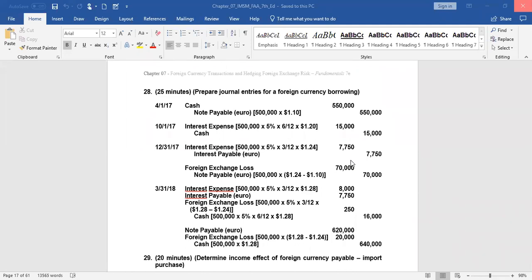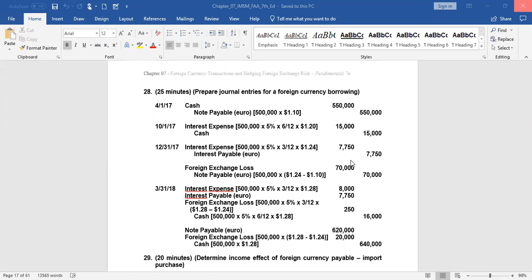Also, any kind of gain or loss on this loan due to foreign currency difference must be recorded on December 31st. So what does this mean? Well, when we borrowed the money back on April 1st, the conversion rate was $1.10. So for 1 euro, you either paid or received $1.10.